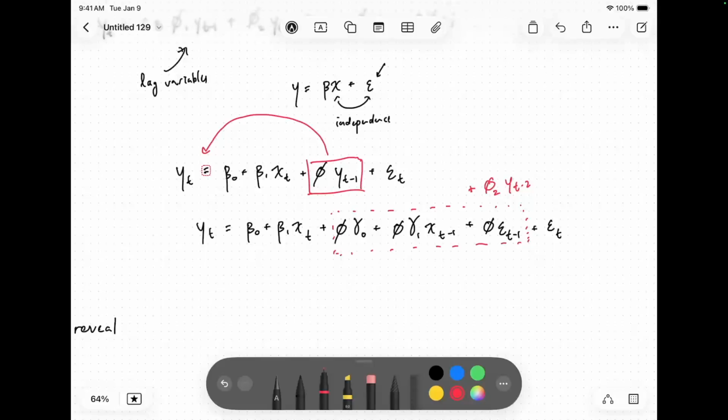Okay, so if you don't have independence here, right?